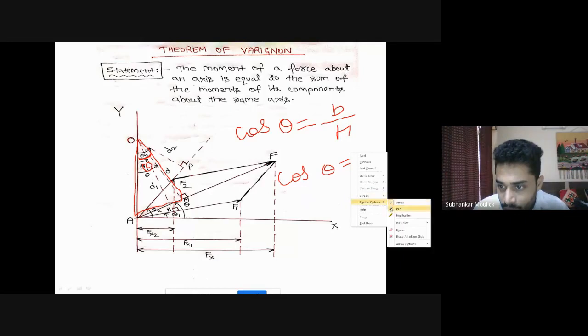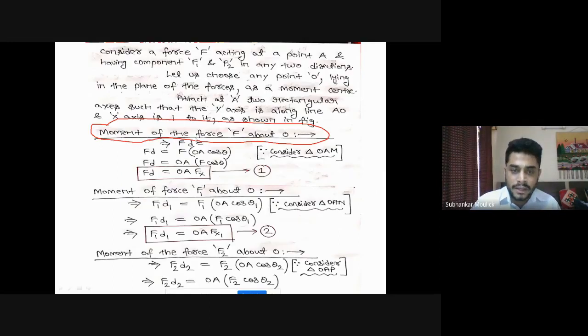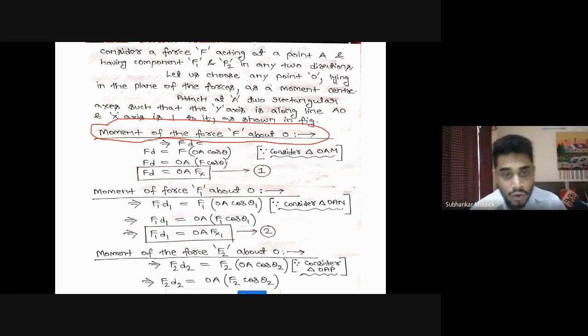Divided by hypotenuse. Hypotenuse is the longest side, and this longest side is OA. So you can write d is equal to OA cos theta. So in place of d, you can write OA cos theta. Is it clear? Yes, sir. Okay. So F into d is equal to F into OA cos theta.